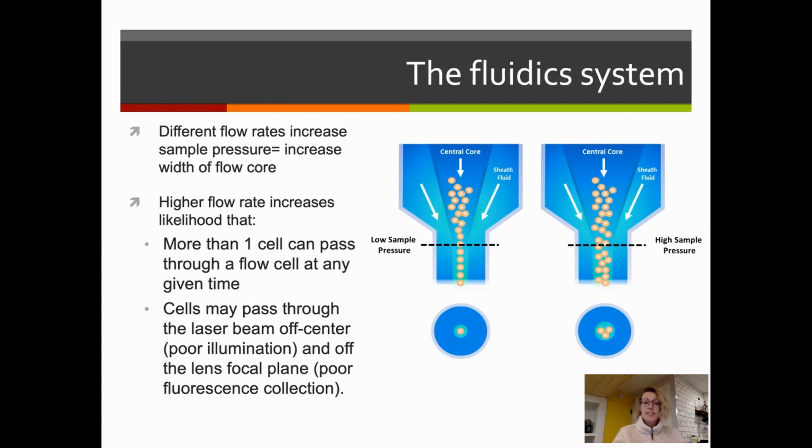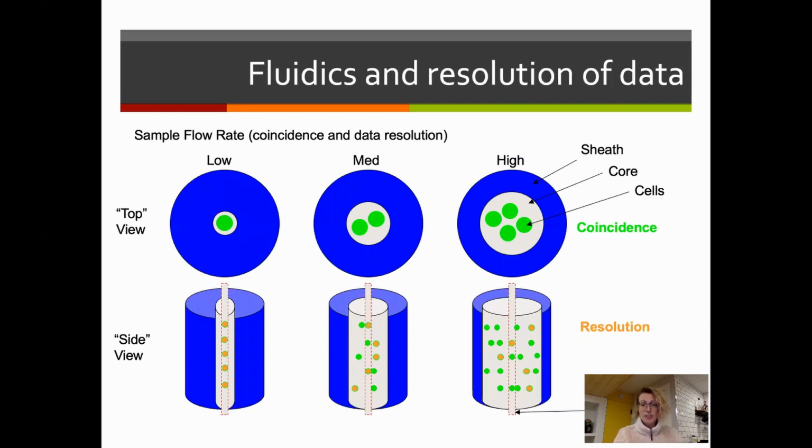You can also have cells that pass through out of focus for the laser beam. So if we imagine that this is the plane of focus right here, as we increase our speed from low to medium to high, we're increasing the pressure that the sample is exerting on the sheath, so we get a bigger core stream.